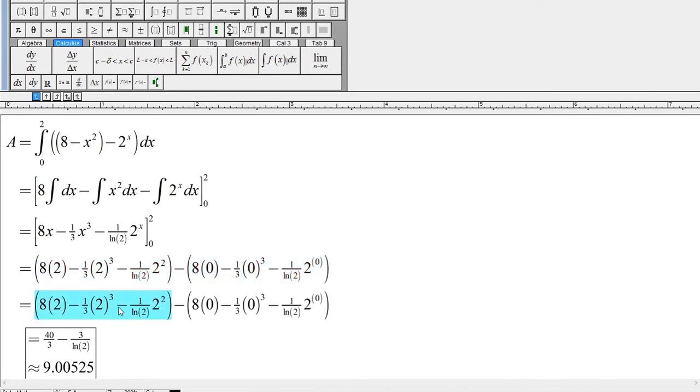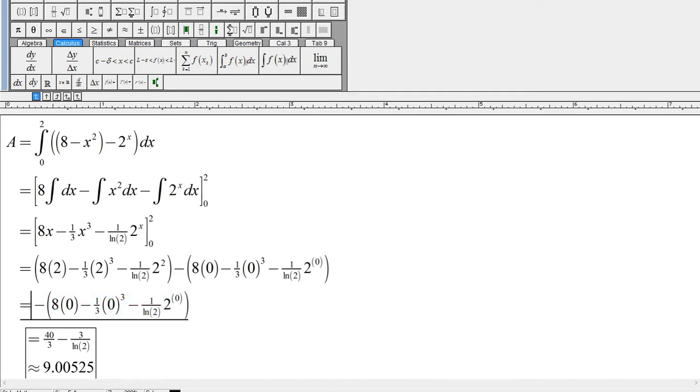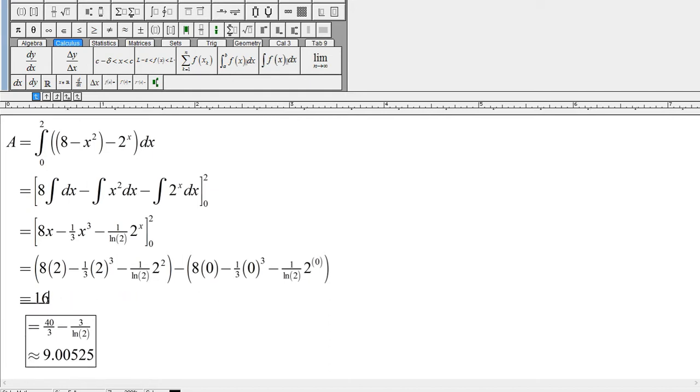Let's do it this way. 2 times 8 is 16. This is minus 2 to the third, which is 8, times 1/3, that's negative 8/3. This is 4 minus 4 over log of 2.